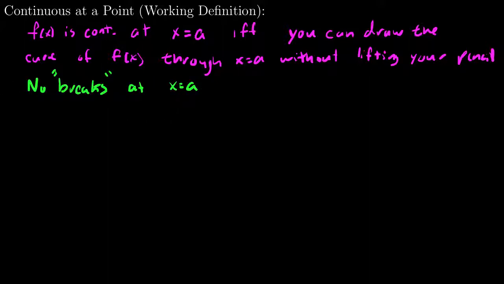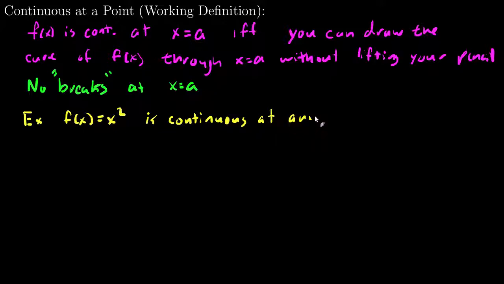Okay, so here are some examples. For a function like f of x equals x squared, or any polynomial, this is continuous at any point. And we can consider its graph. That's a terrible x squared. Let me try this again.